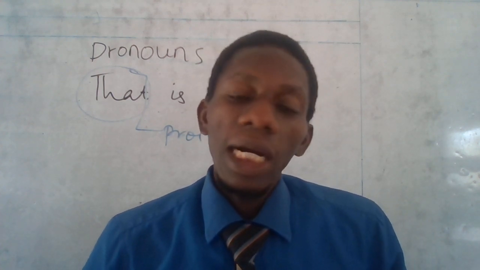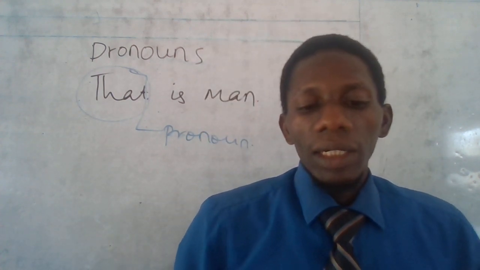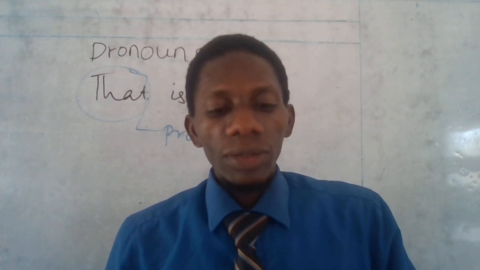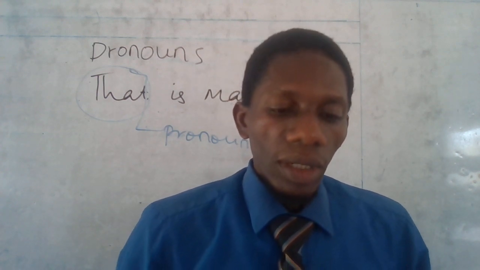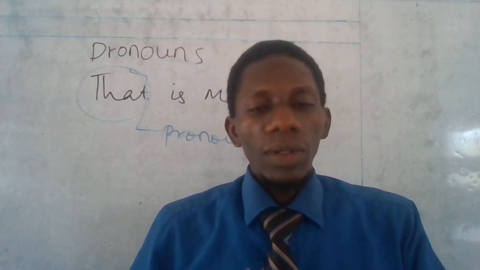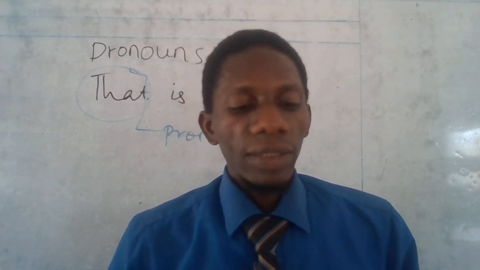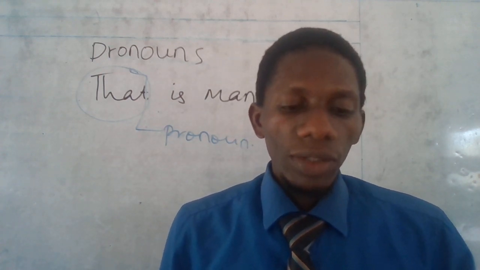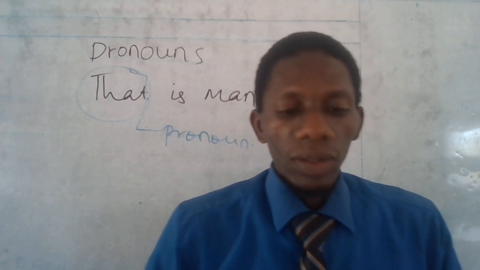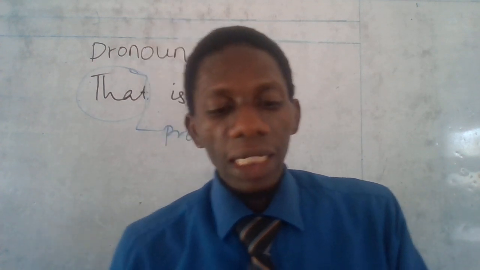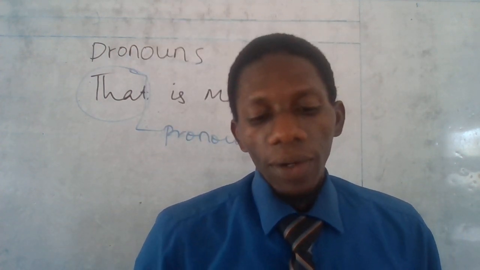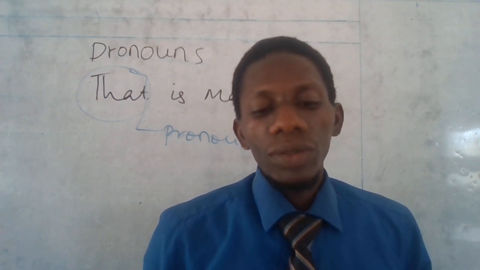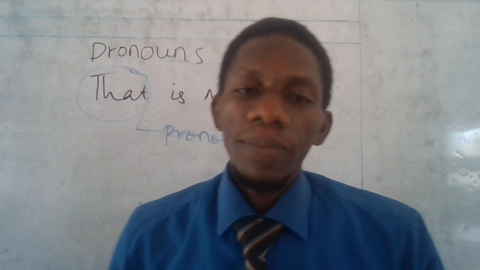Pronouns are used as objects of verbs, and you can use the words me, him, her, us, you to make a sentence. For example, we saw him yesterday. Here the pronoun is used as an object of the verb, and pronouns can also be used as objects of prepositions.